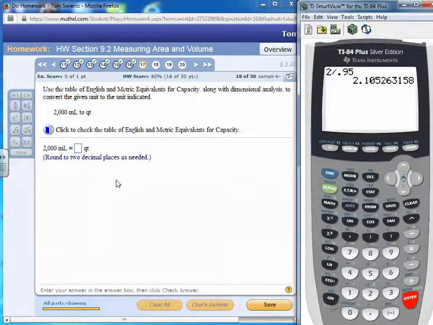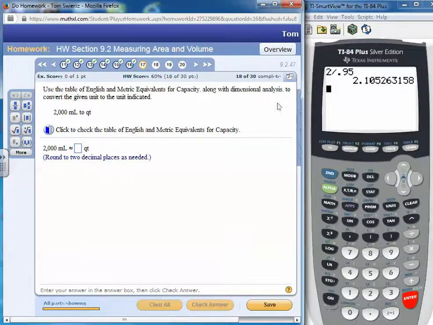And we get 2.105, and the 5 is in the 3rd decimal, so we round the 2nd decimal up to a 1, and our answer is 2.11.